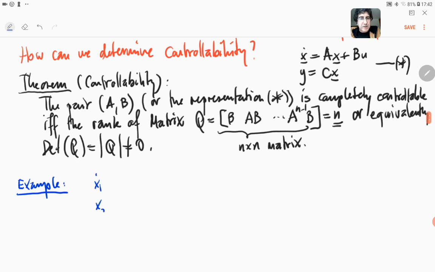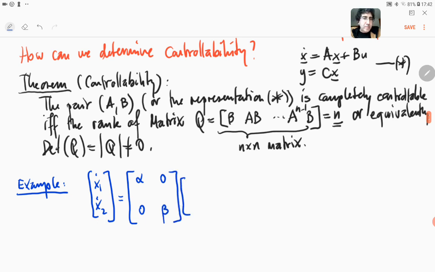So we have x1 dot, x2 dot, given by the matrix alpha 0, 0 beta times x1, x2, plus 1, 0 times u.